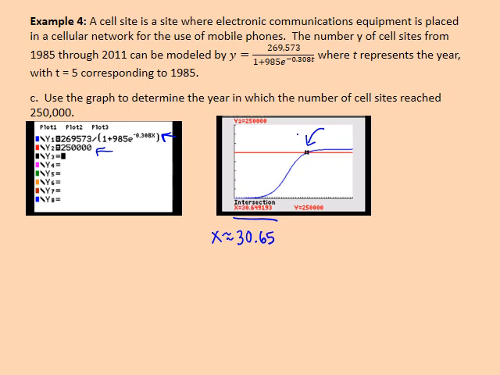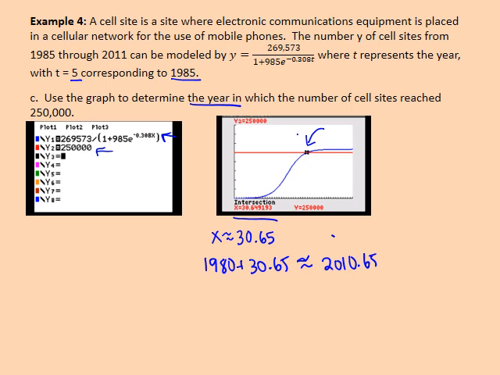Now here's the question. They want to know what year. Remember, t equals 5 corresponds to 1985. So t equals 0 corresponds to 1980. So we're going to take 1980 and we're going to add 30 and 65 hundredths. When we add them together, we get 2010 and 65 hundredths.